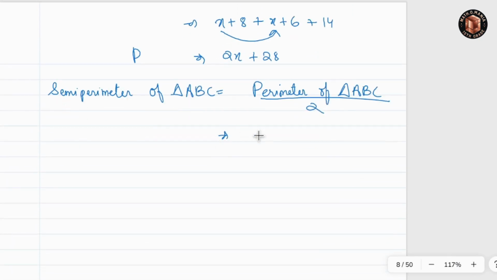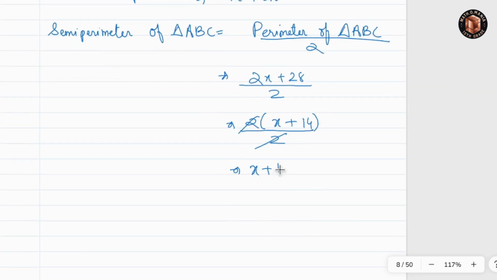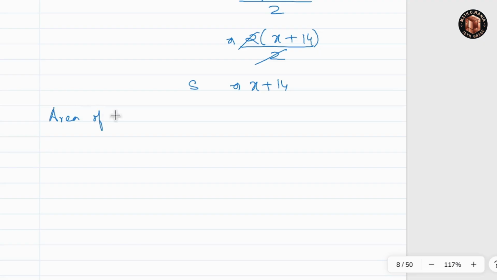So, which is equal to what? 2x plus 28 divided by 2, means from here I can take 2 outside, which is x plus 14. This and this will get cancelled. So, I will get semi-perimeter S equal to how much? x plus 14.